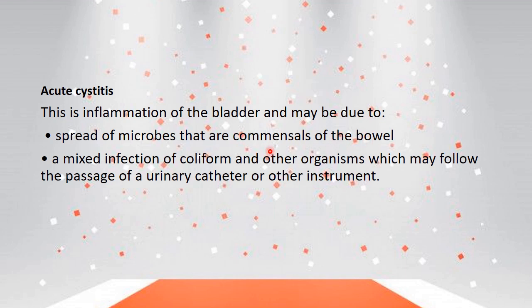Commensals are the normal flora, which is normally E. coli from the perineum, especially in women because they have a short and wide urethra, and the proximity to the anus is so close, and also the moist perineal condition supports the growth of the bacteria.